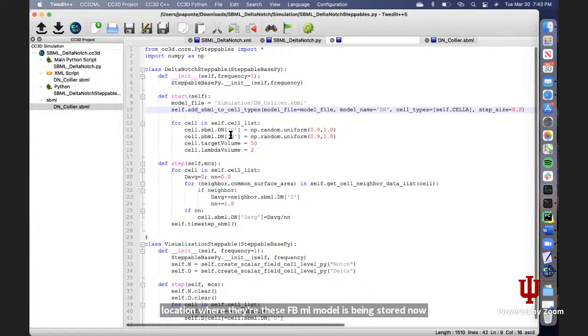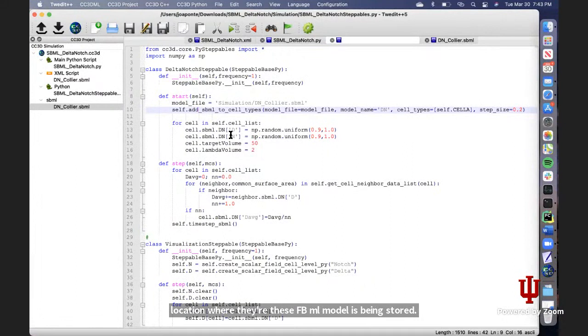Next, what I do is that I want to load this model inside each of my cells. So in this particular case, the model is added using this add SBML to cell types.